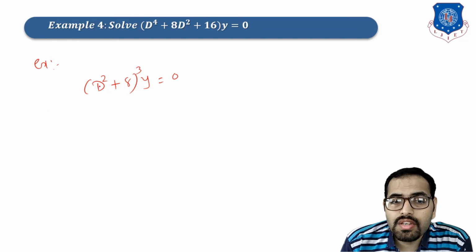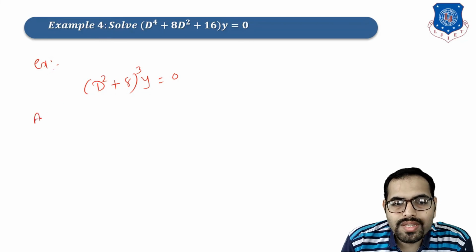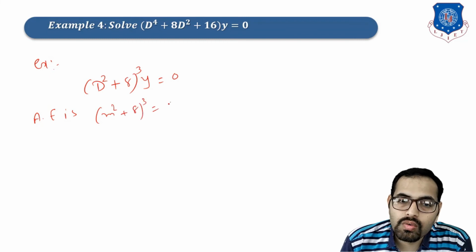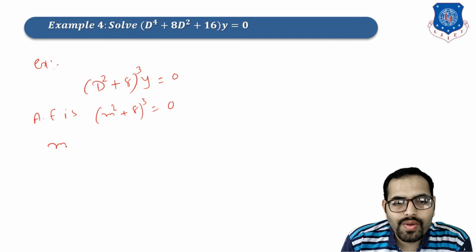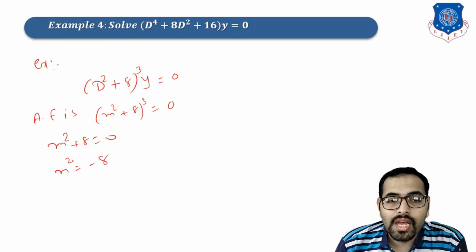Here our question is in operator form. Then the auxiliary equation is m square plus 8 whole cube equal to 0. Then m square plus 8 equal to 0. Then m square is equal to minus 8. Then we cannot factorize directly.